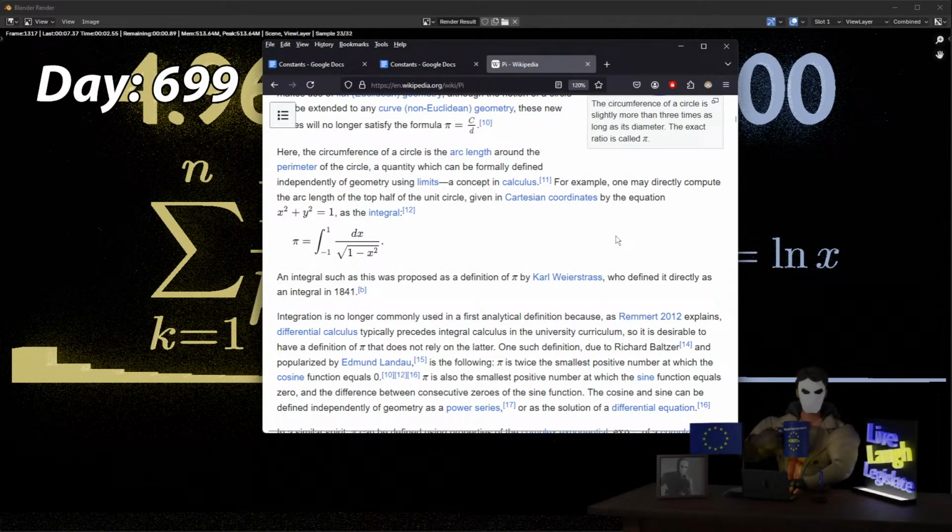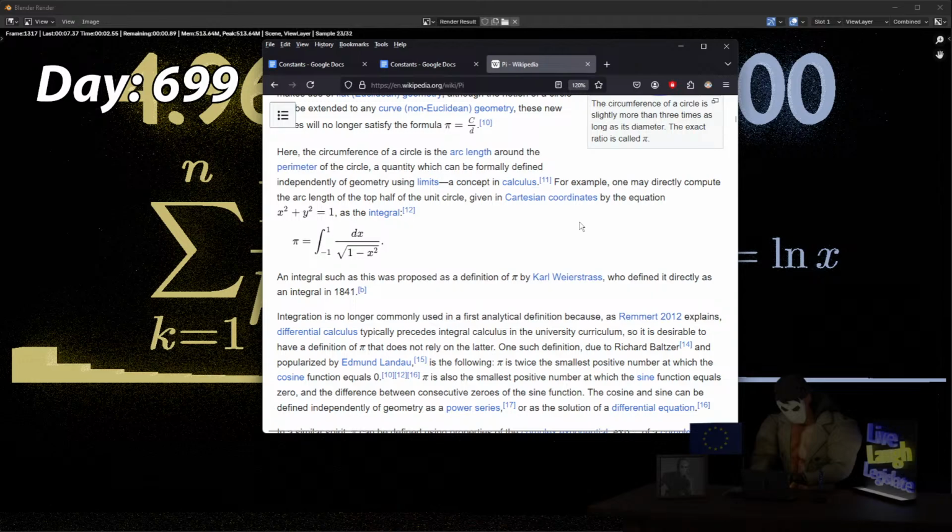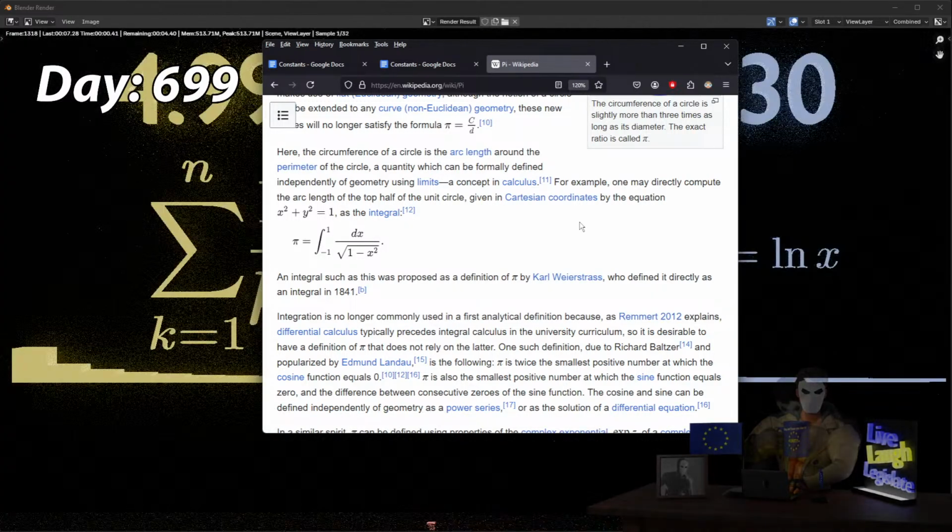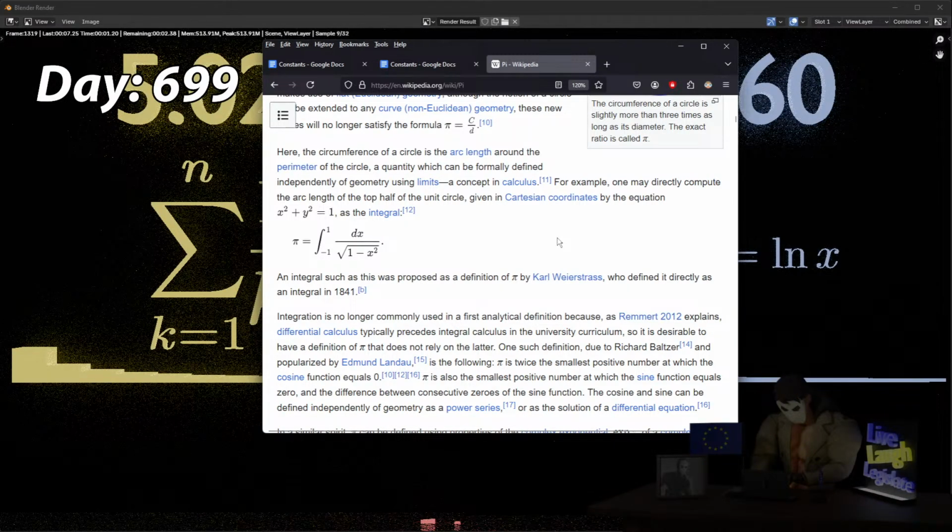Just for definition. Okay. So, the arc length of the top half of the unit circle. Well, screw it, why not?